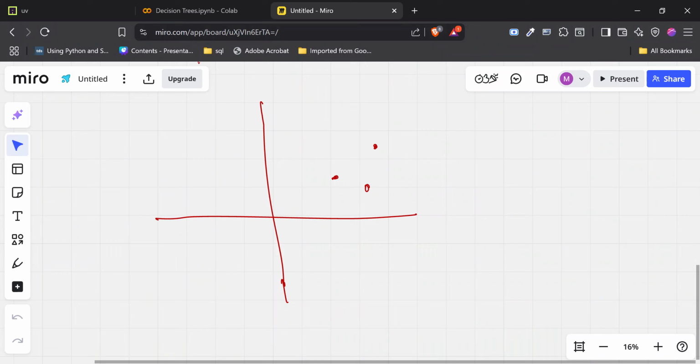We have one here, and maybe one here. Then another here. Just to make it a little bit easy to be separated, make it nicely separable so that what we are trying to explain is going to make more sense. One, two, three, four, five, six, seven, eight.